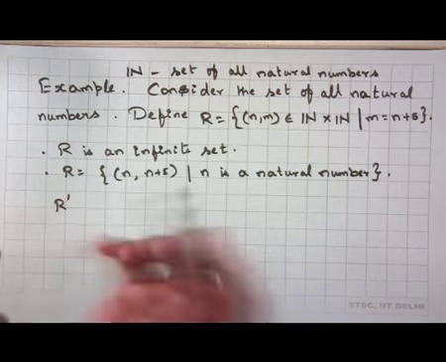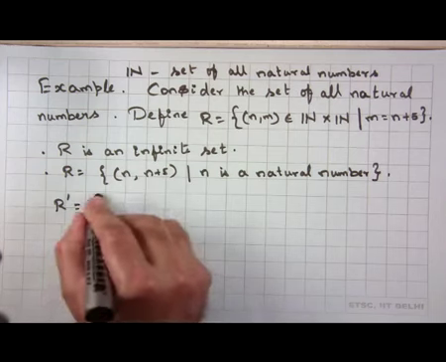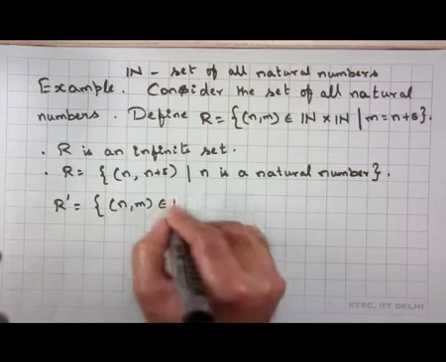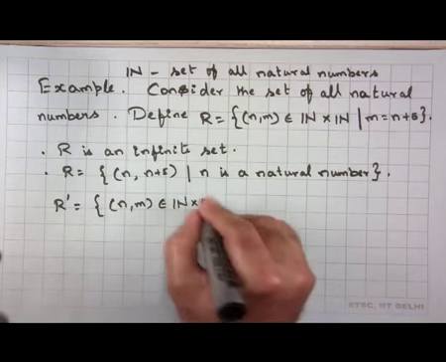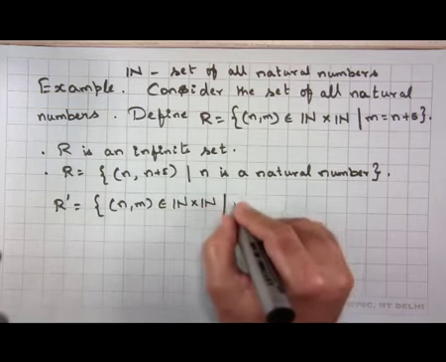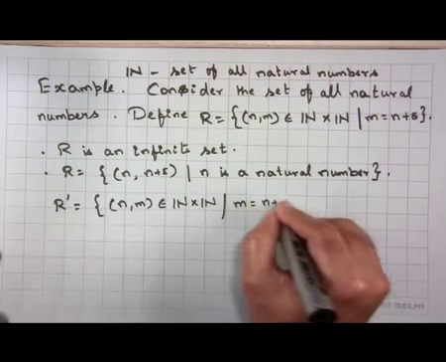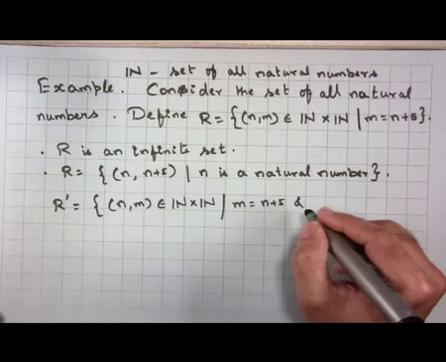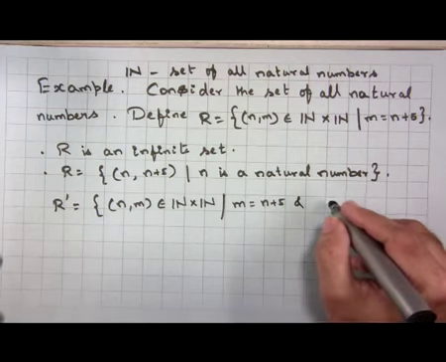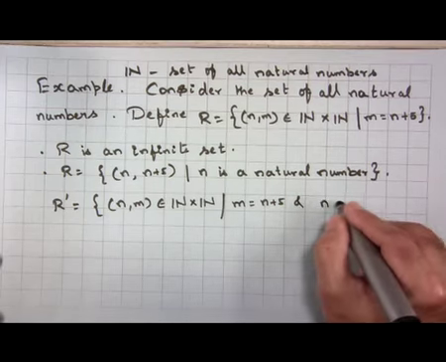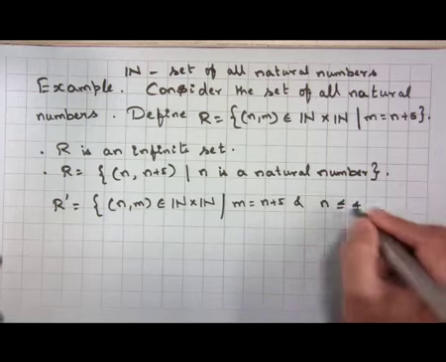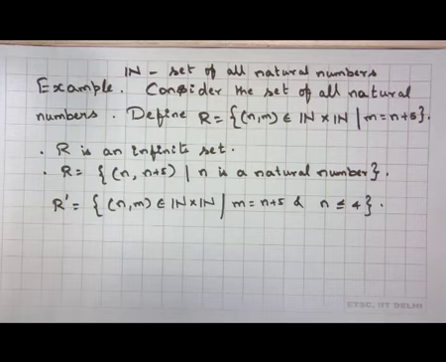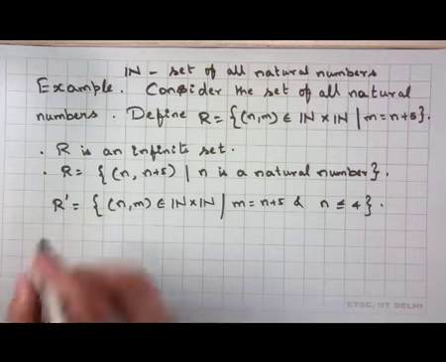Let us restrict this subset R and then see some more, all those n comma m in N cross N with the condition that m equal to n plus 5 and n less than or equal to 4. N can be at most 4. Now, let us write down explicitly.